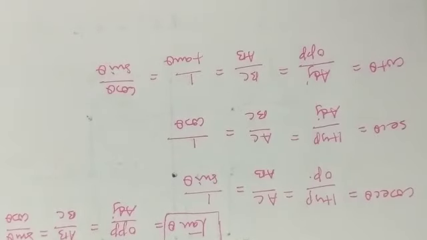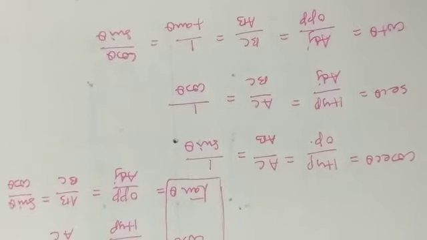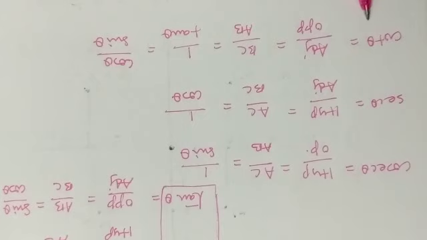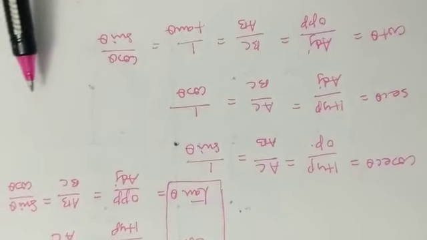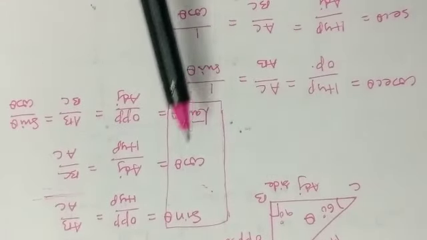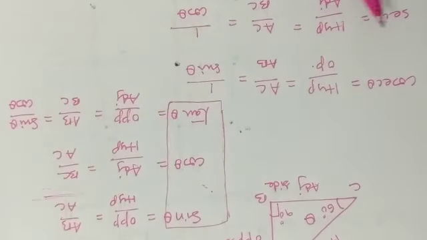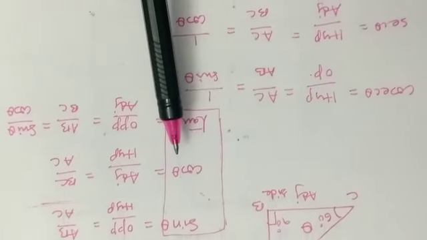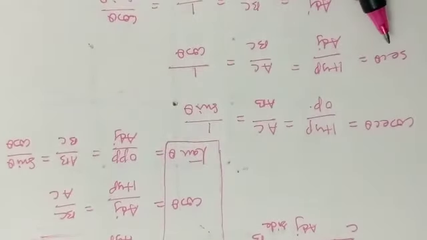So these cosecant theta, secant theta, cot theta are purely based on these three trigonometric ratios, which means if you know sin theta, you can say cosecant theta. If you know cos theta, you can say secant theta.